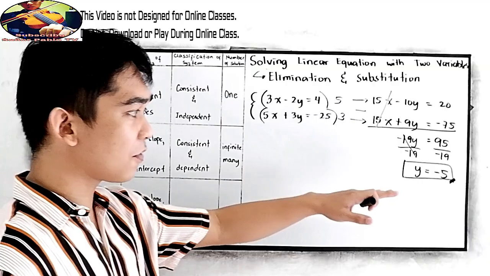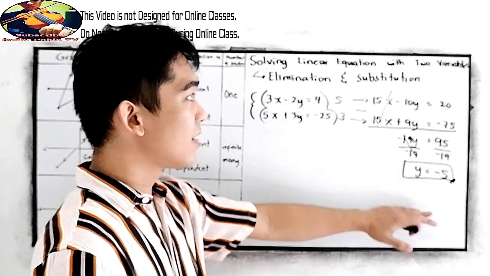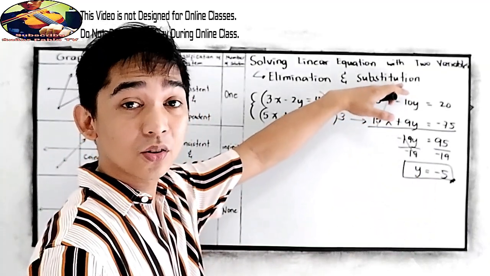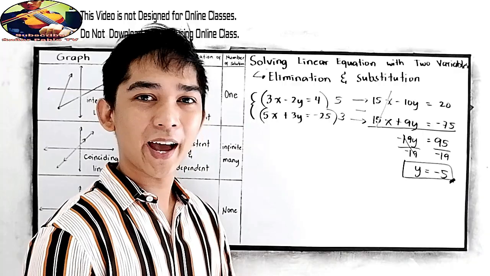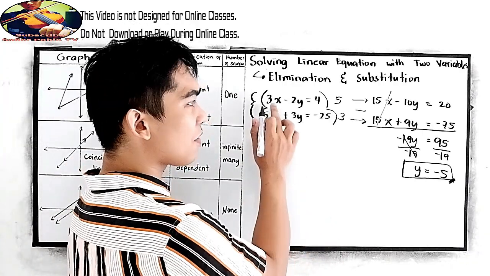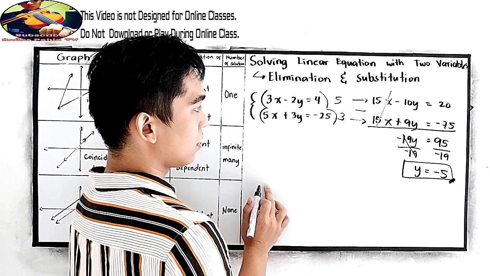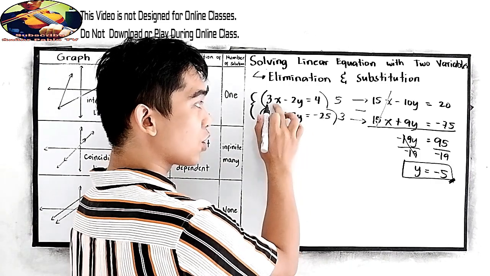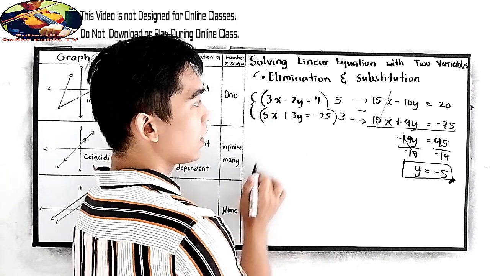Okay, after getting the value for y, let us use the substitution method to find the value for x. So, copy any of our equations. It can be equation 1 or equation 2.